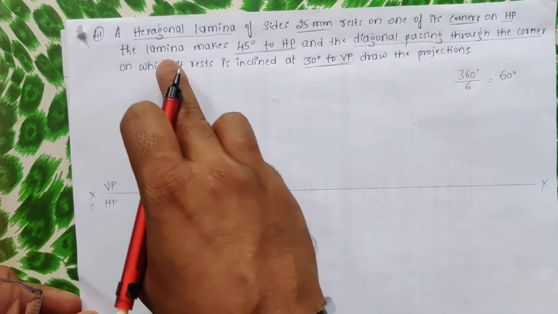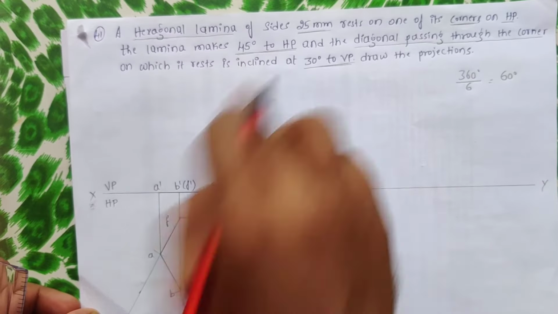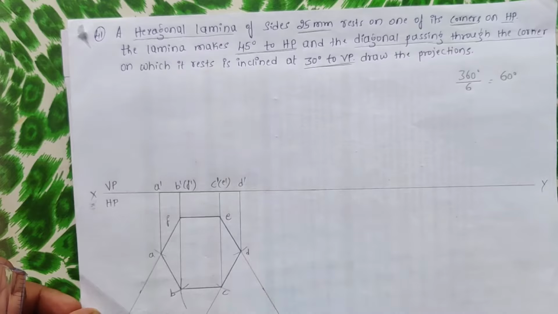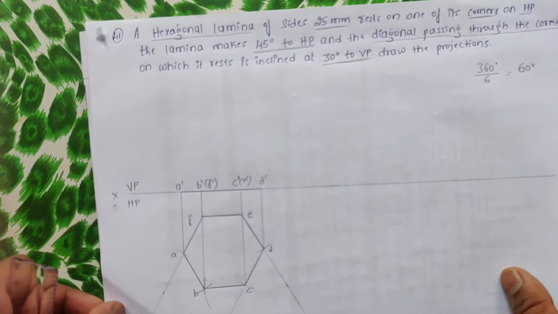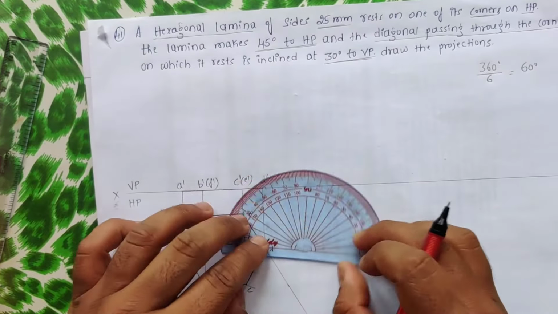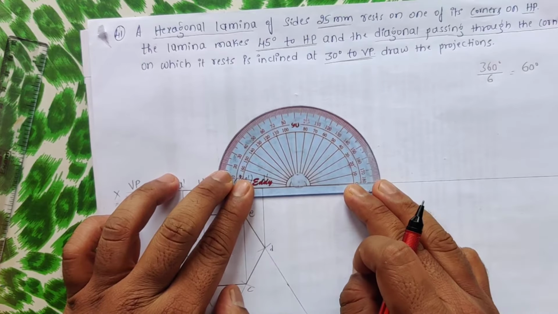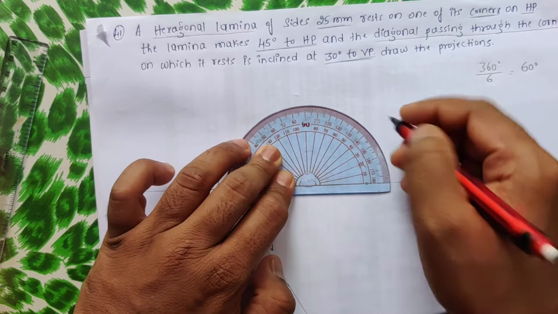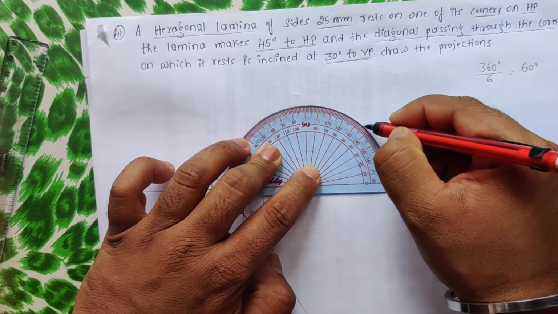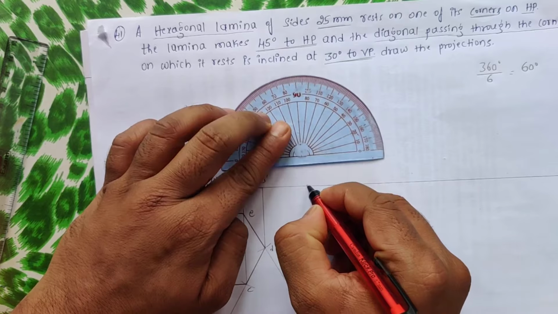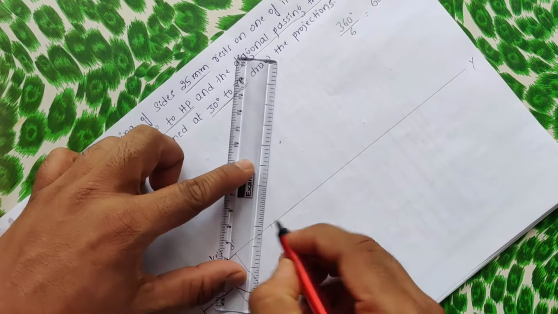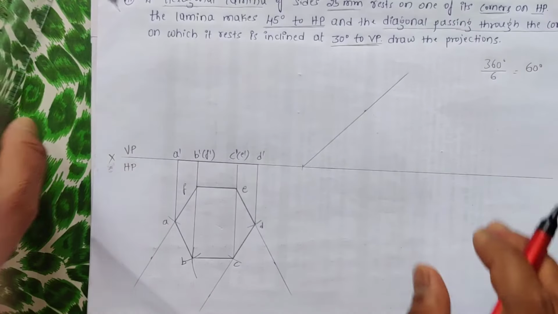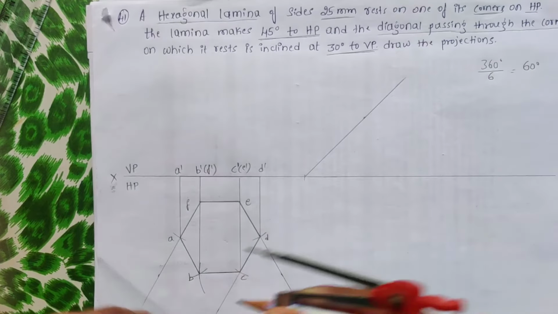Next he is talking about 45 degree to HP. Inclination with respect to HP can be seen in VP, right? So now we have to measure for 45 degree. From here let us measure 45 degree. Where is 45? Here it is, 45 degree. Draw one thin infinite line as we always do, right? Now take your compass.